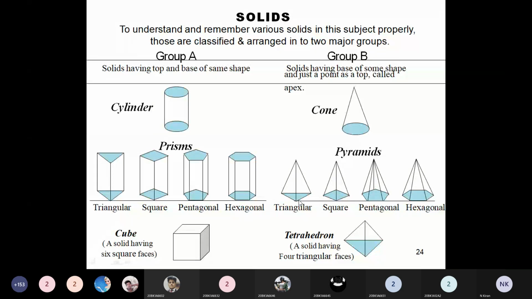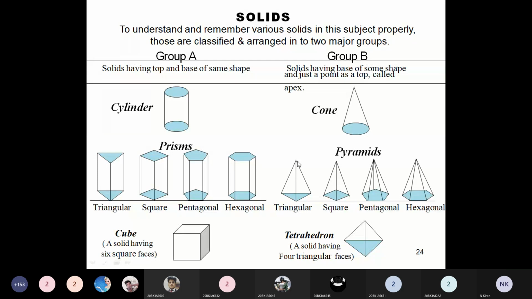Now pyramid, as you already know about the movie called Mummy, in that you have listened to the pyramids like that. Did you listen previously? Yeah, sir. So those are called pyramids. You have to remember, that's it. Pyramid means you can keep in mind that it is a Mummy pyramid.